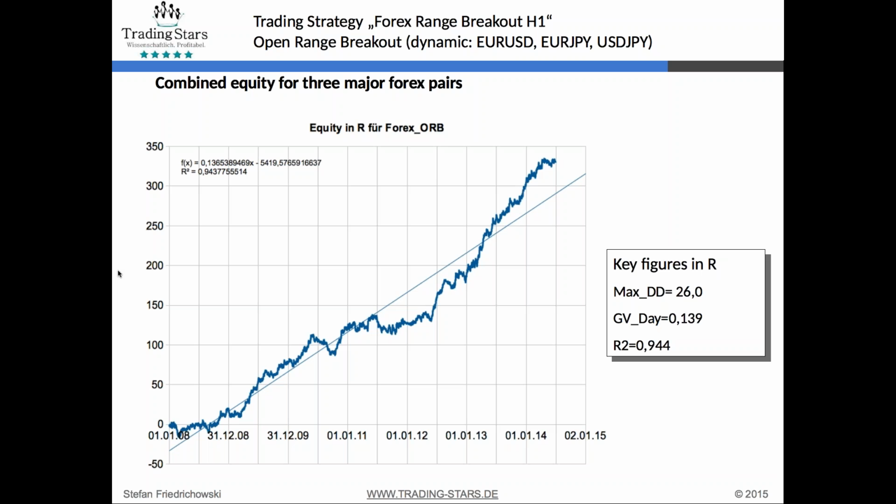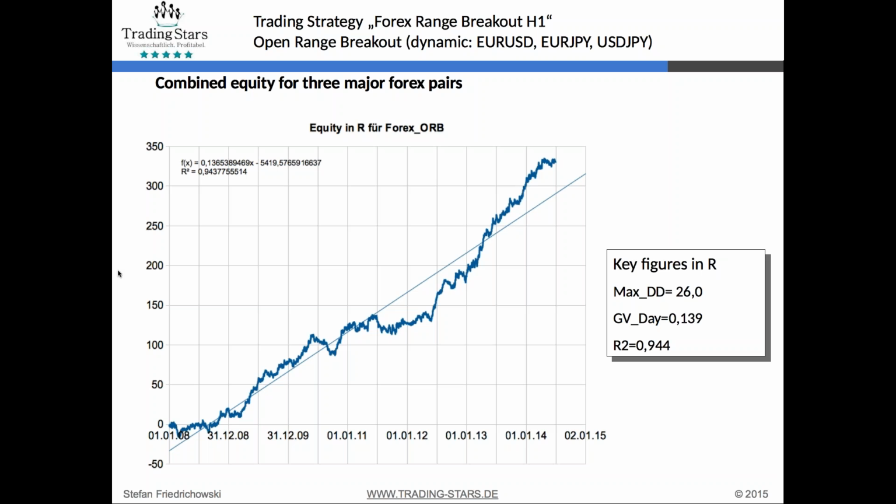High linearity, but on the other hand, of course, still there are drawdowns, which is quite normal for any strategy at all. So we enter here for this example with a strategy gaining more than 300 R.